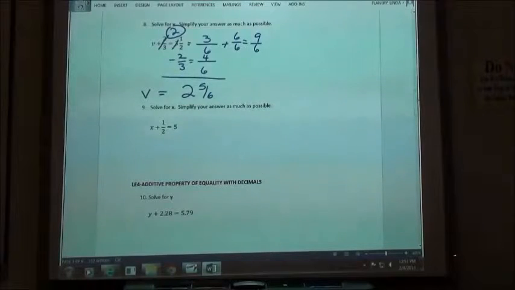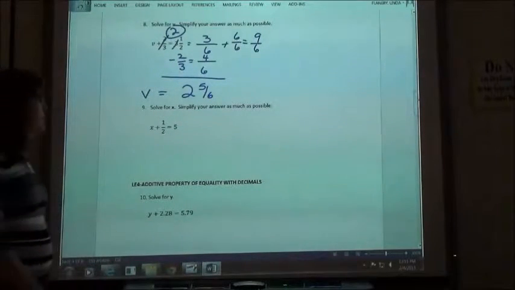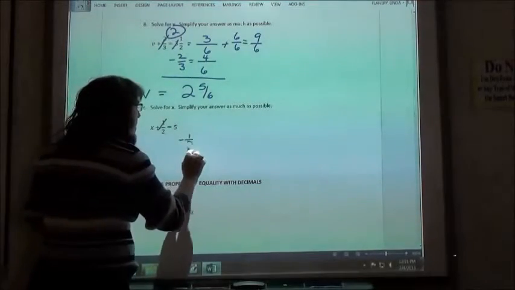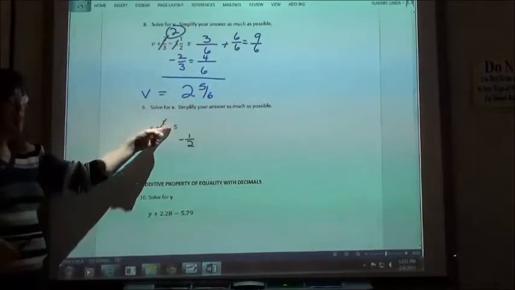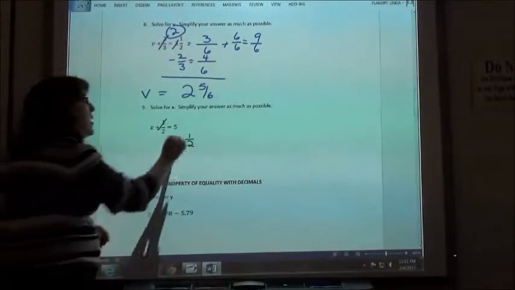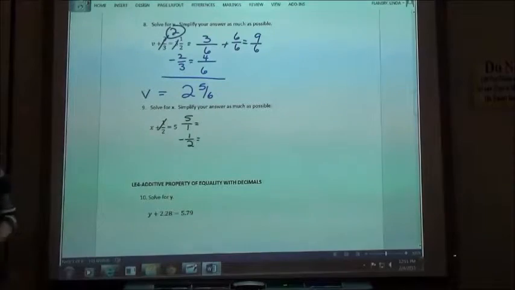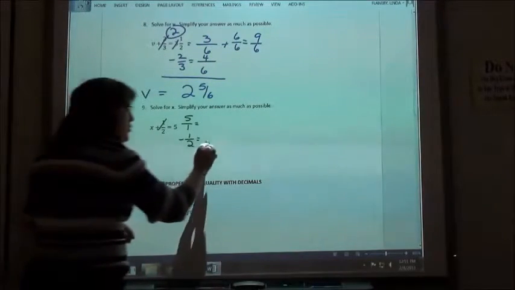So number 9. I want to solve that for x. I am going to do what? I'm going to subtract my 1/2. I could make this 5/1 and just make a big improper fraction, in which case my common denominator is 2.